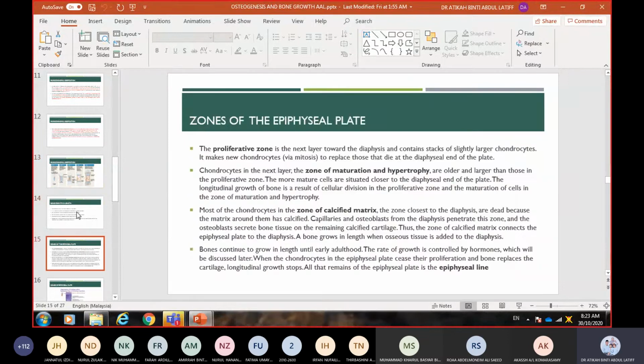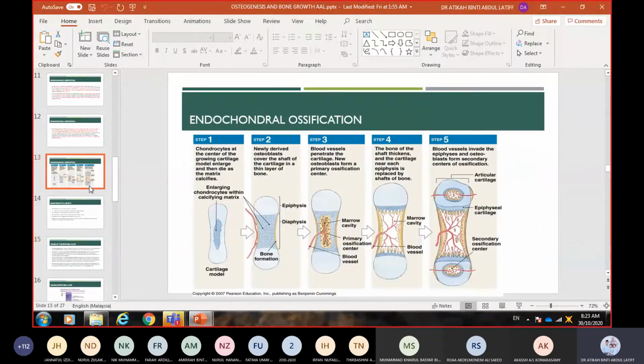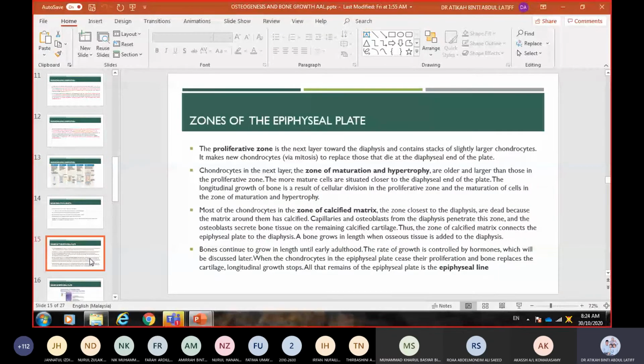Okay. So what are the 4 zones of the epiphyseal plate? If you imagine we cut through or zoom in to the epiphyseal cartilage, we will find 4 different zones of activity. Okay, going on. So zones of the epiphyseal plate.